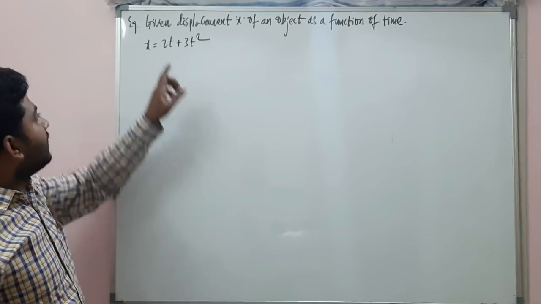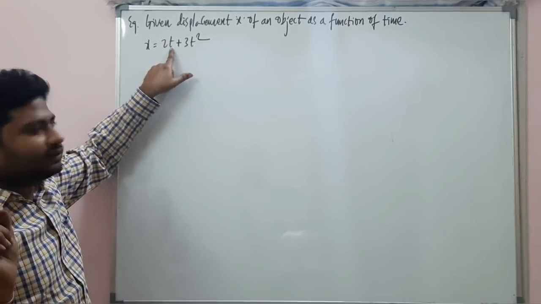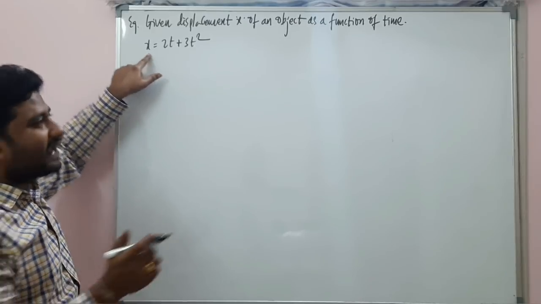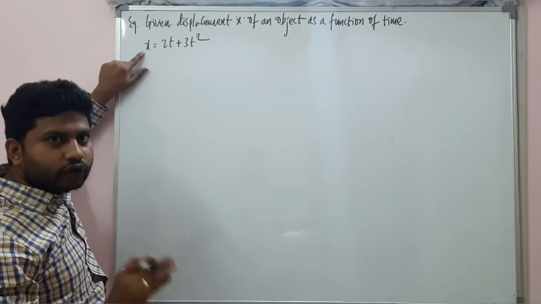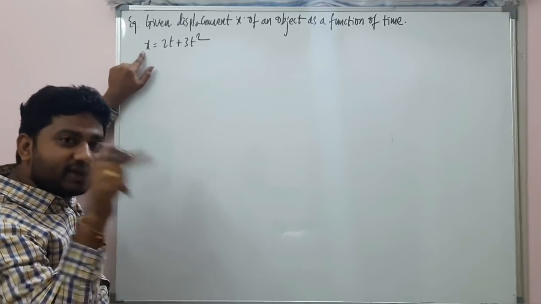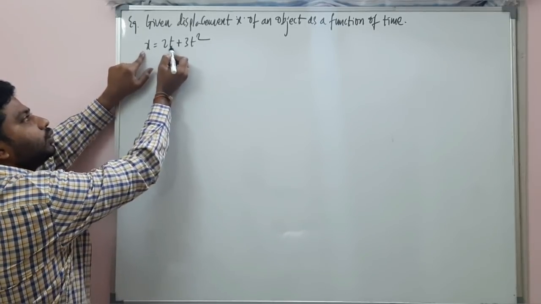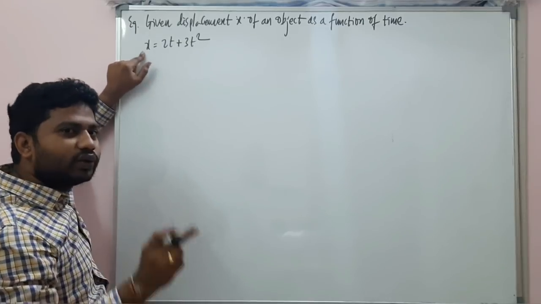What does it mean? When time is 0 seconds, you can find x. x is equal to 2 into 0 plus 3 into 0. You get the x value. When time is 1 second, 2 into 1 plus 3 into 1 square, you get some x value.